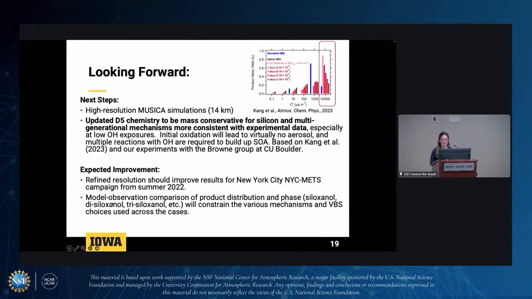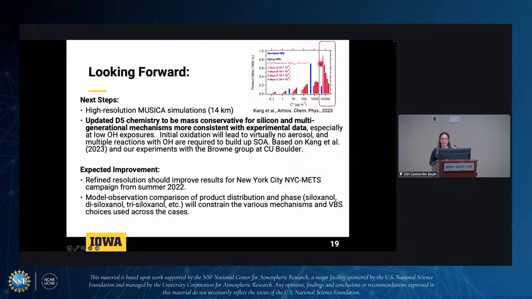As future work, I submitted all these MUSICAL simulations, but due to maintenance, they are still in the queue. Looking forward, the next step is doing the higher resolution MUSICAL simulation with updated D5 chemistry. We want the results to be more consistent with experimental data, specifically Kang et al., where they did experimental work to show the VBS from the D5.